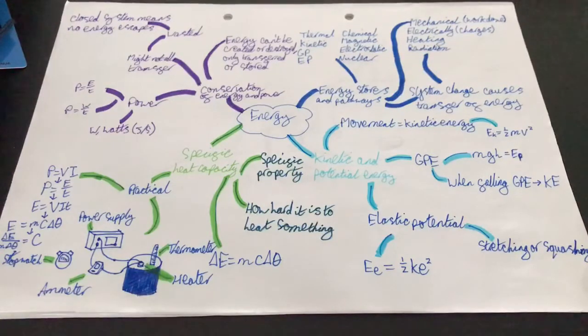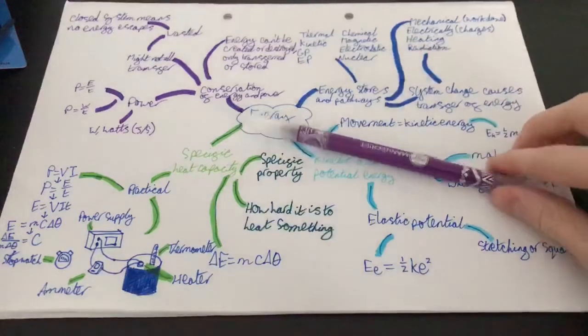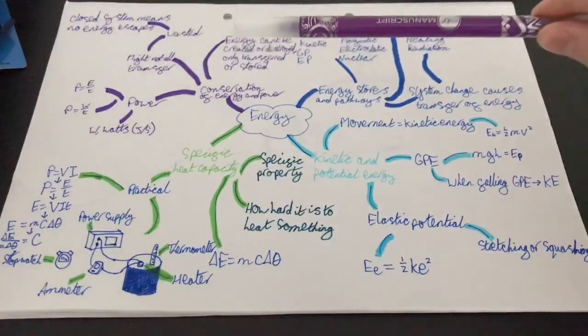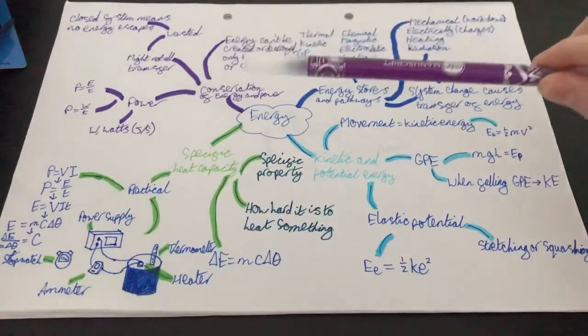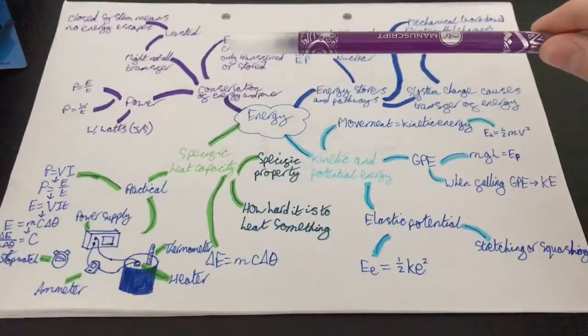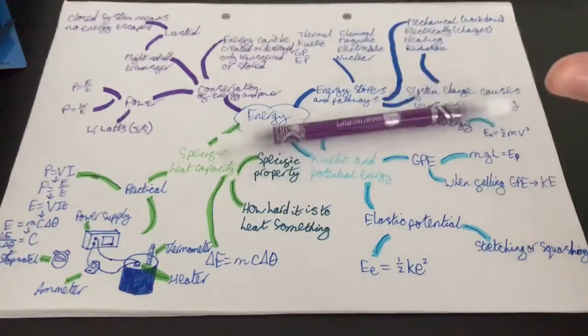So there are four pathways, because for energy to travel from one store to another, you need to use a pathway to transfer it. So there's mechanical, so that would be me physically lifting the pen from the paper to a higher height. So that gives it more gravitational potential energy, and then I move my fingers and it drops.